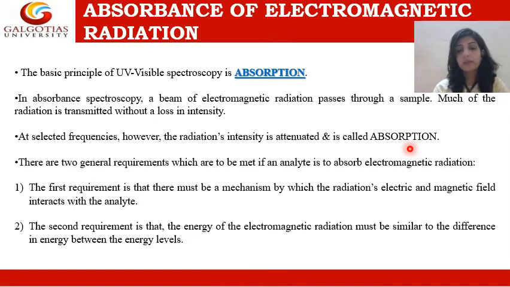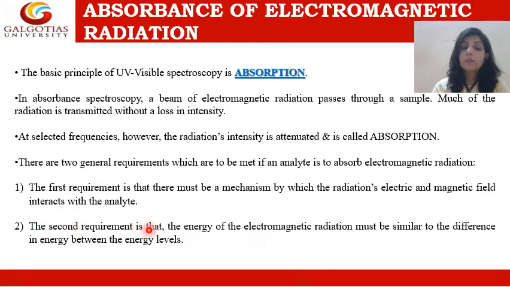the excited state. There are generally two requirements to be met if an analyte is to absorb incoming electromagnetic radiation. The first requirement is that there must be a mechanism by which the radiation's electric and magnetic field interact with the analyte. We know that electromagnetic radiation has an electric and magnetic field, and that electric and magnetic field must interact with the analyte.